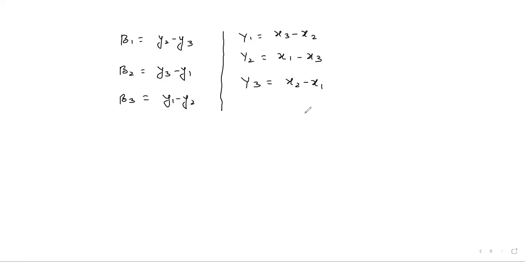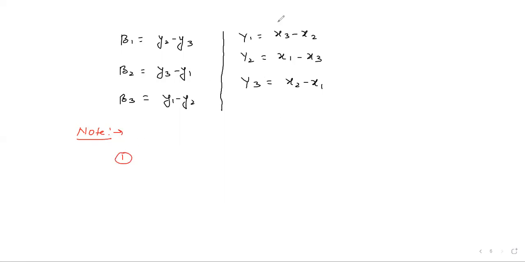Now, apart from this, you should know some basic formulas, because in this problem they can ask some basic things also to calculate. What are the basic formulas? That I will give you one by one. Note the first one.